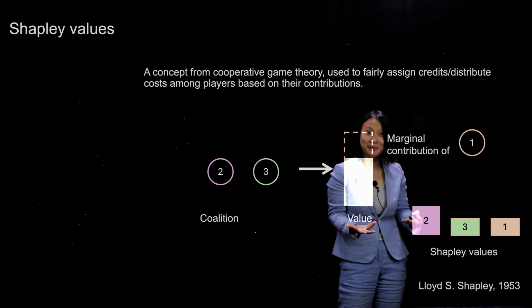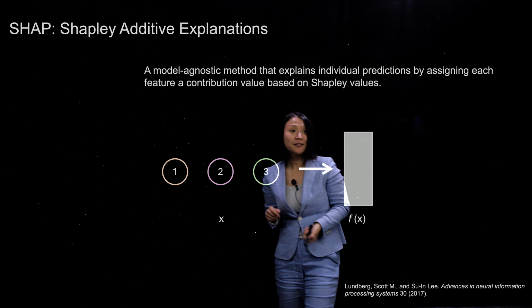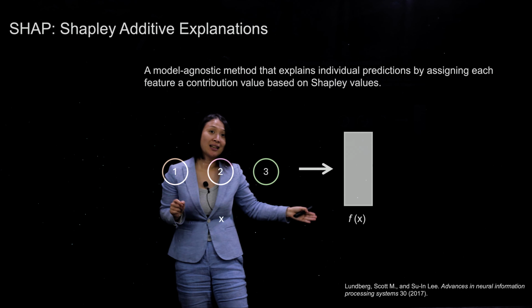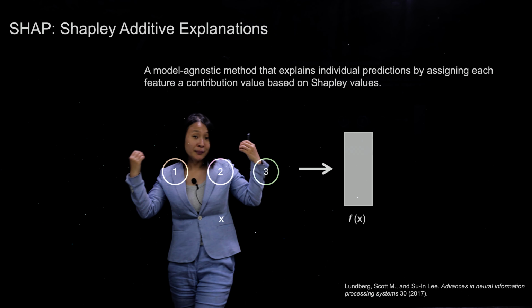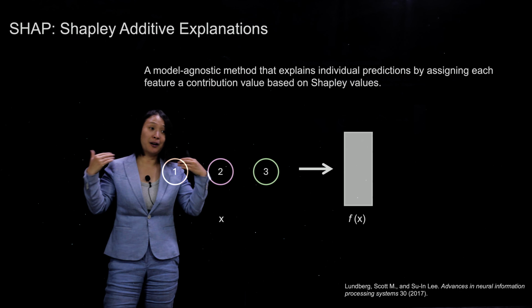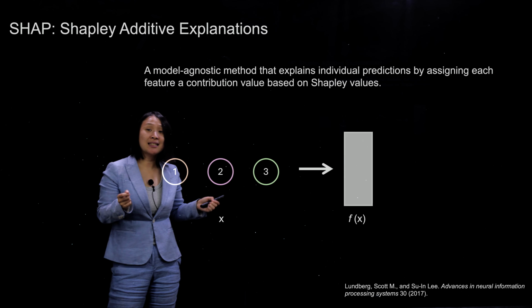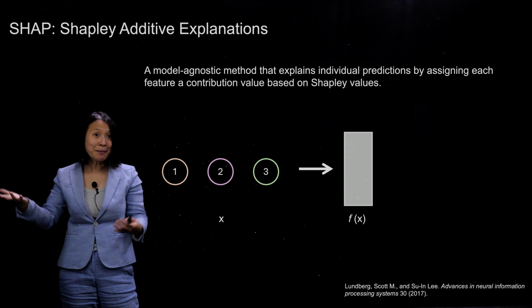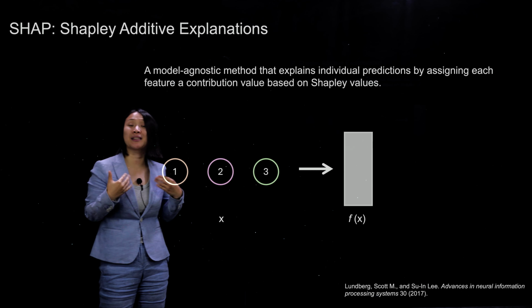And let's fast forward to 2017. That's where we have here at the University of Washington, two researchers, Lundberg and Lee. They started to expand on the Shapley values and had this idea of SHAP analysis, Shapley additive explanations.